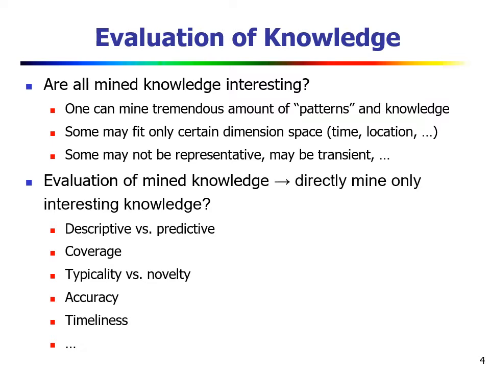Then typicality and novelty, accuracy and timeliness, these are all what we can aim to achieve. And with the perspective we have, we decide how much accuracy we want or at what duration of time we want the result.